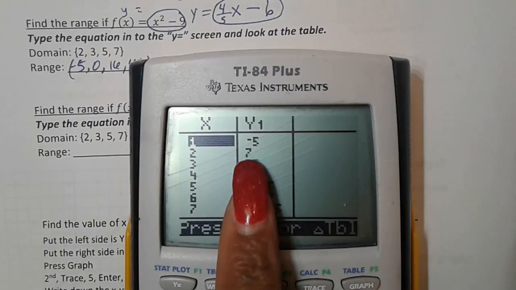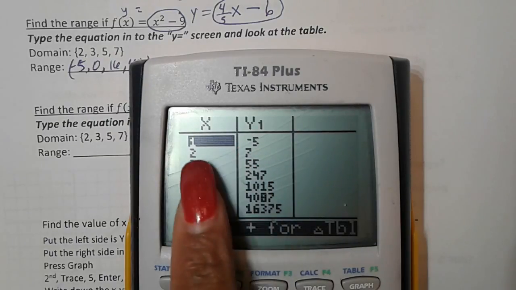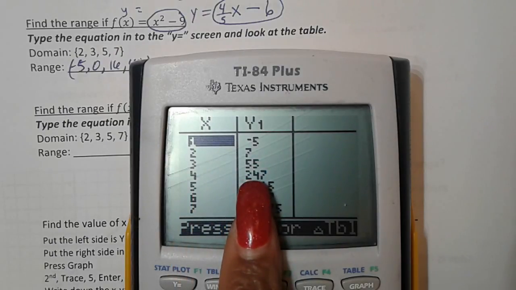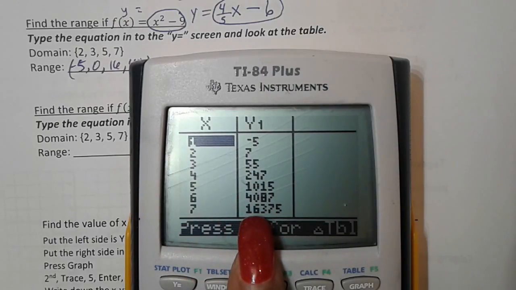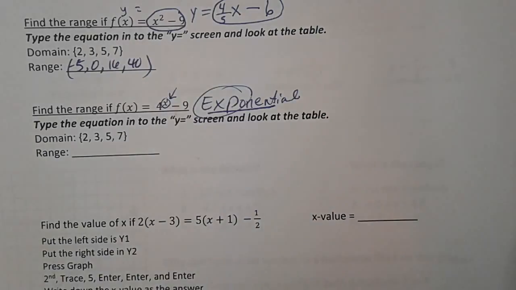Look at that exponential growth, growing so fast. I started at 7 at 2, but it only took a few steps, and man, look, 247. How about this? Step number 7, 16,000. I'm just saying. Sure did grow fast.